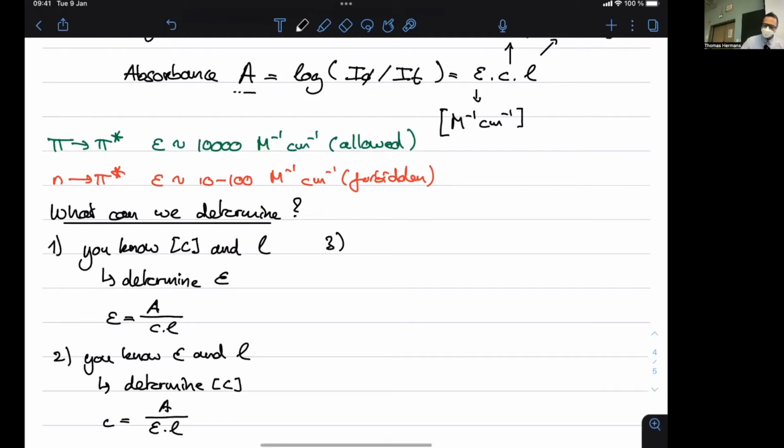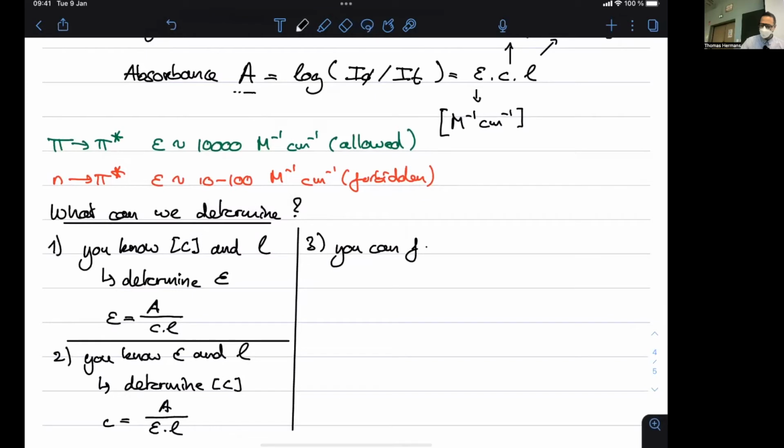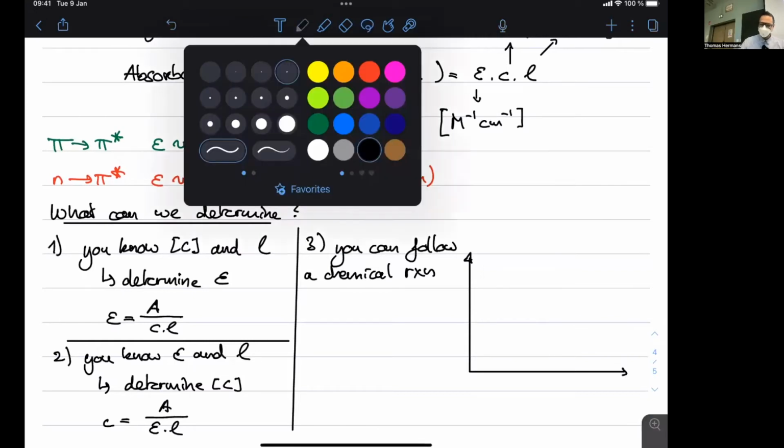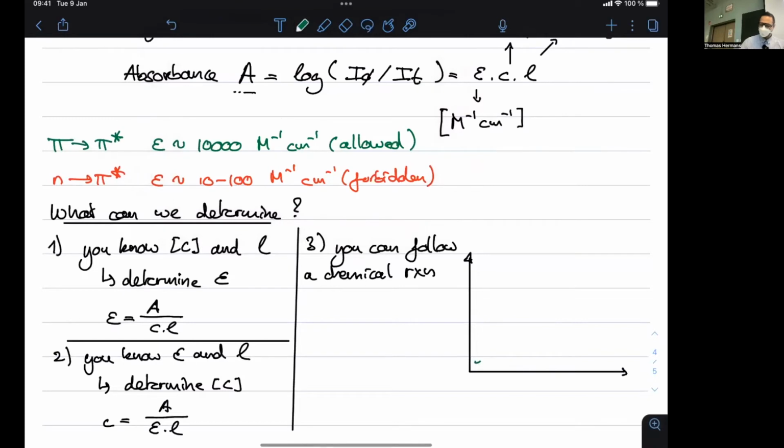And the third one is you can follow a chemical reaction. So for example, and we'll see that later, you have a molecule which has an absorption, okay? Let's say like this.